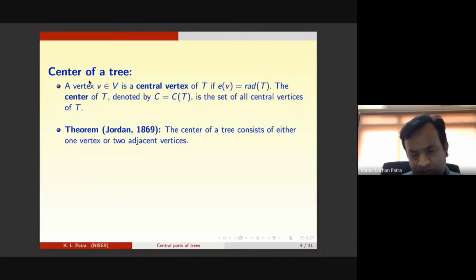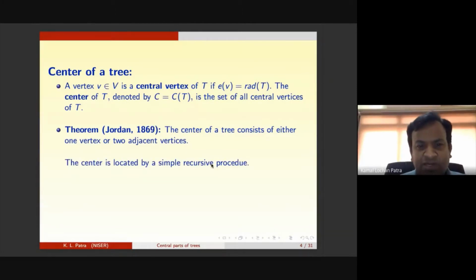And the proof is quite simple. The idea I discussed initially: you take a tree, then remove all the pendant vertices, you will get a new tree, and by continuing doing so, you will end up with a single vertex or two adjacent vertices. That idea he used to prove the center of a tree consists of either a single vertex or two adjacent vertices.